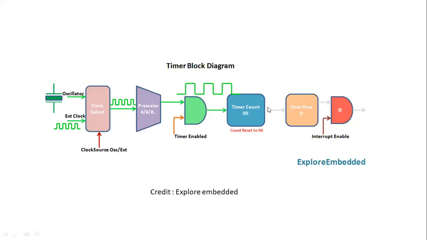So whenever the timer overflows, the interrupt is generated. So you will require this whole hardware to generate the timer interrupt. When the timer count becomes FF and again goes back to 00, overflow occurs, the overflow flag becomes 1, and at that time the IE AND gate will generate the interrupt signal.